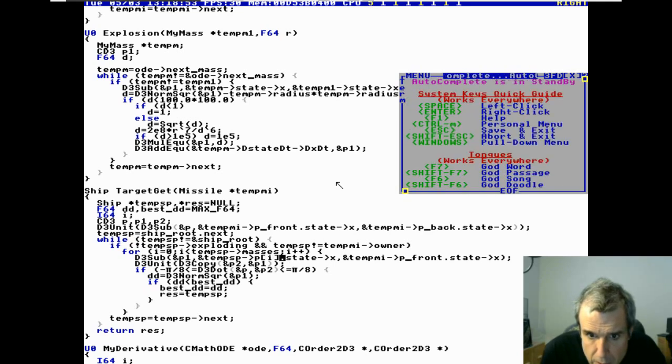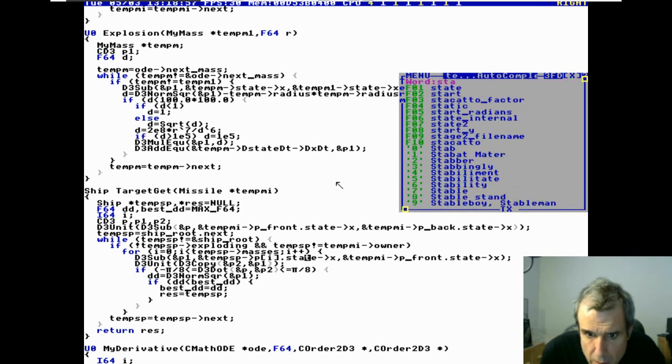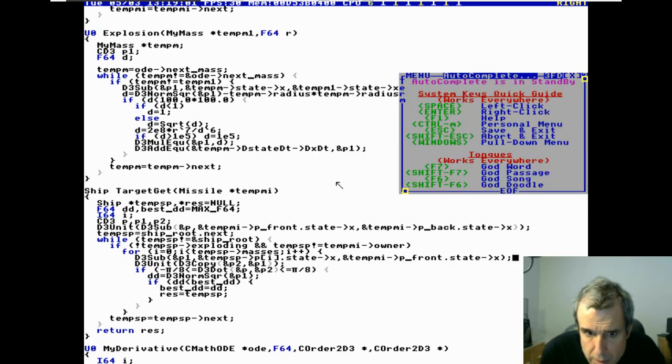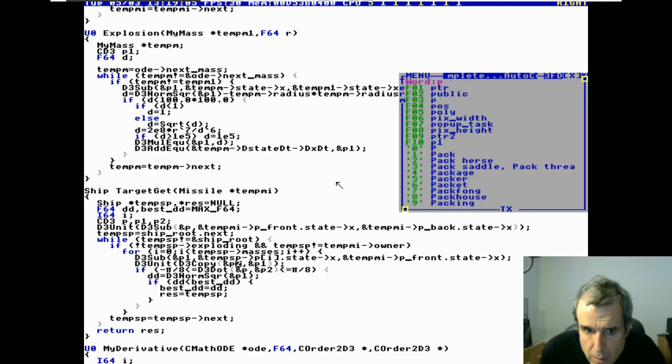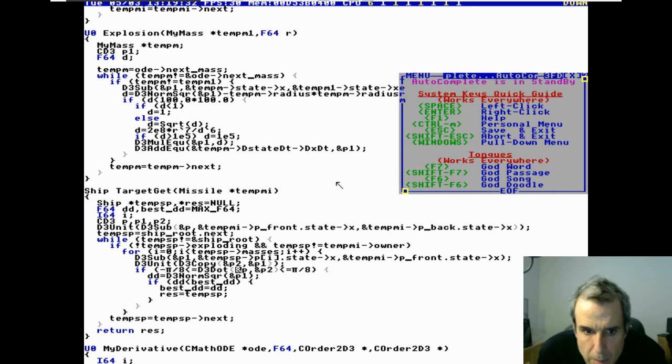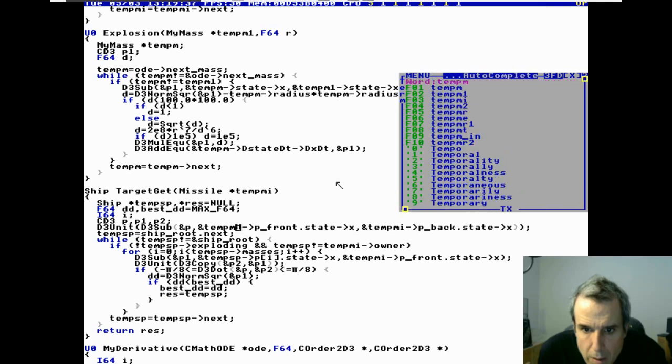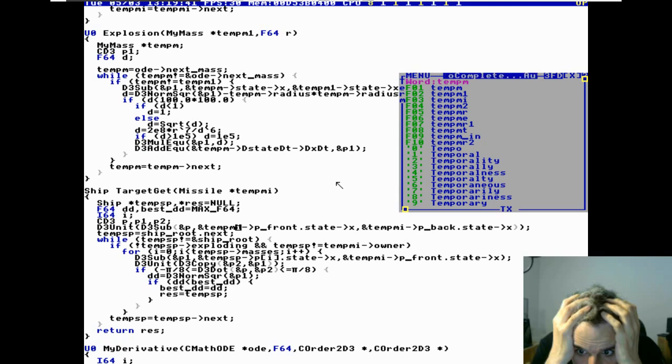P sub I, SP masses, front state X. Front from back, subtract P. We want dot product.